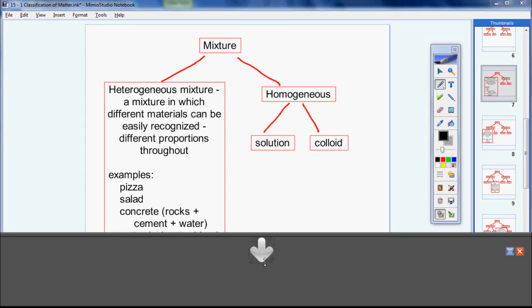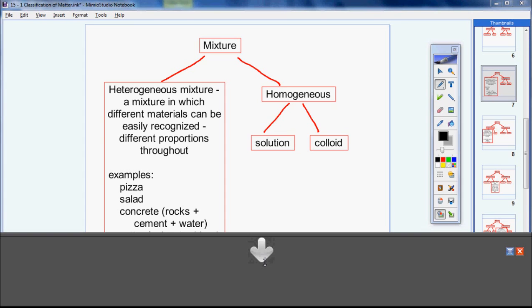Concrete, if you've ever seen it mixed, and if you haven't, I'm just going to explain it to you. They put some rocks in. They put a material called cement in there. They add some water, and they stir it all up. And if you've ever had the opportunity to stir up cement, you would know that there are various different chunks, different proportions of rocks at different places.